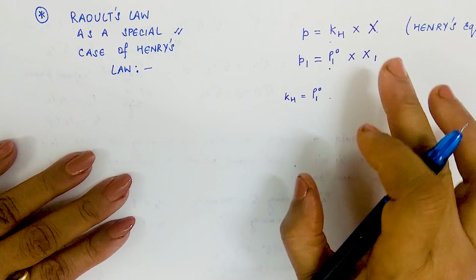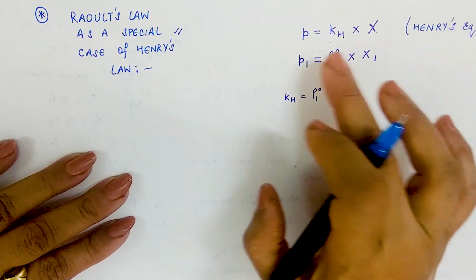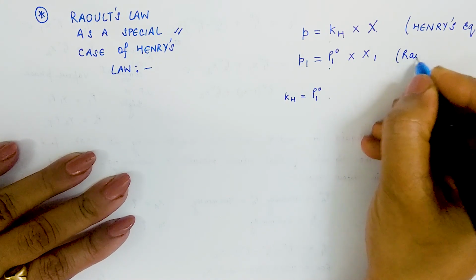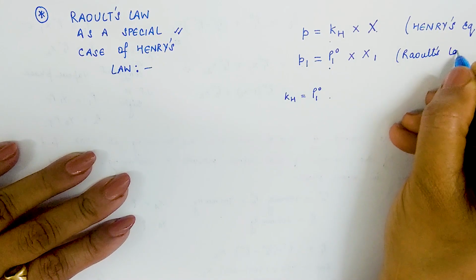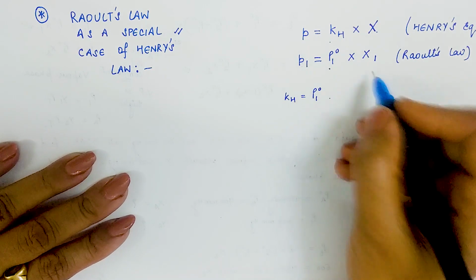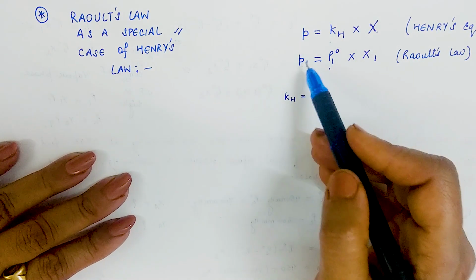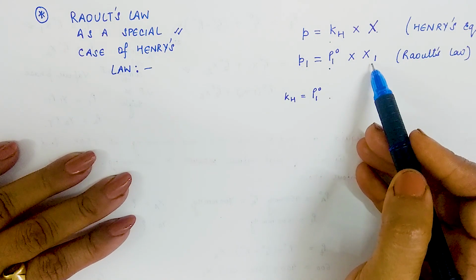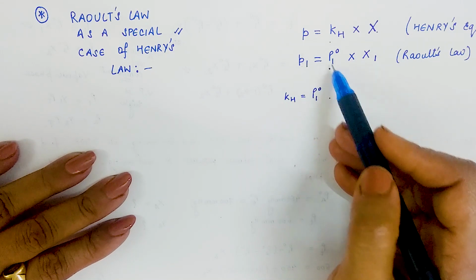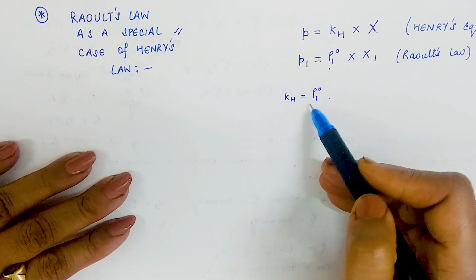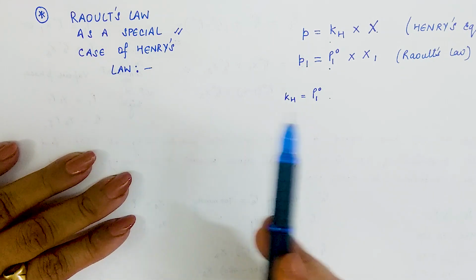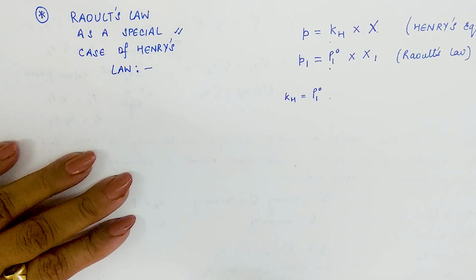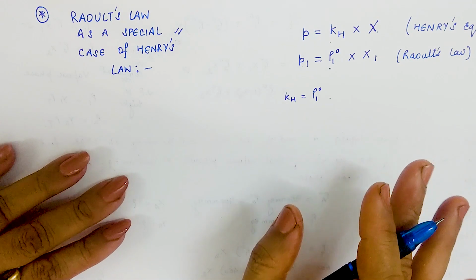So you write in the exam that according to Henry's law, P is equal to KH into X, and according to Raoult's law, P1 is equal to P1 naught into X1. Both are partial pressures proportional to the mole fractions. Only the difference is in the proportionality constant. When they become equal, Raoult's law becomes a special case of Henry's law. This you have to write in a 1 mark question. Hope this point is clear to you.